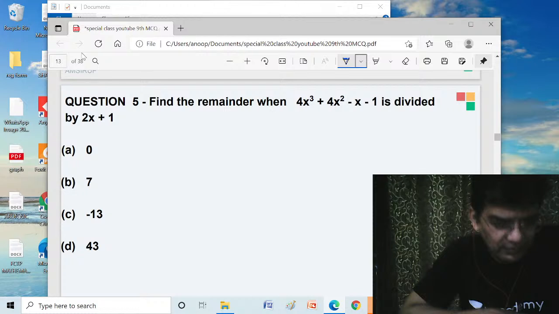Can any one of you comment on this, that find the remainder when the given polynomial is divided by 2x plus 1? I'm giving you some time. If you want to answer me, you can answer in the chat box.